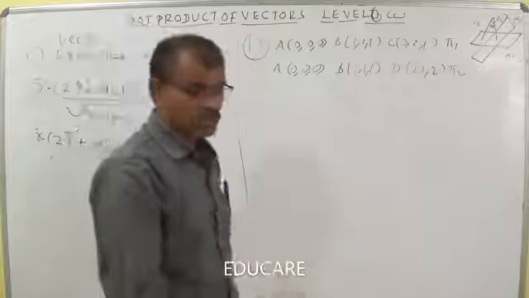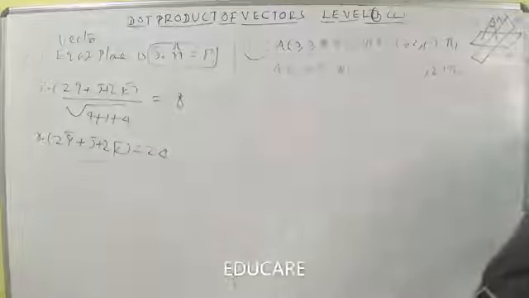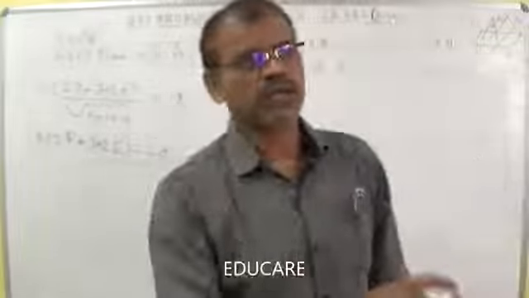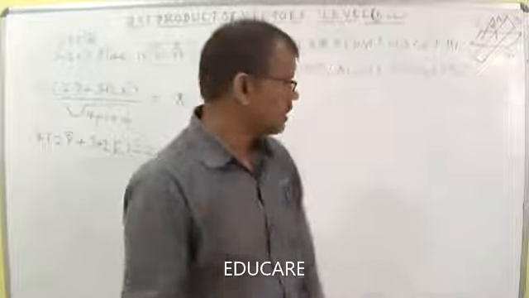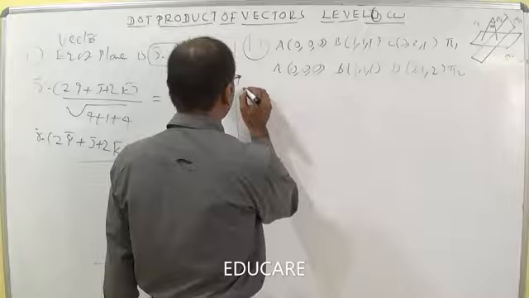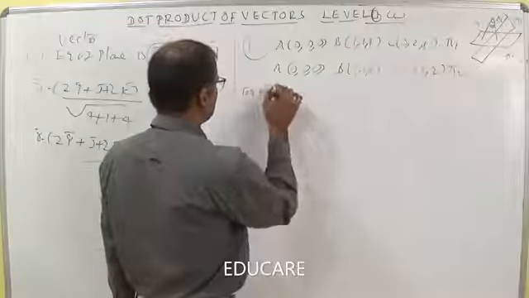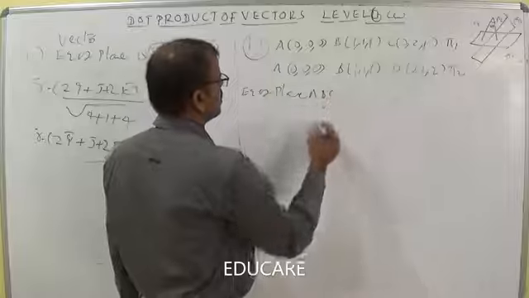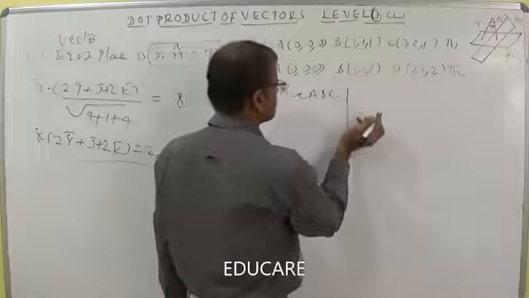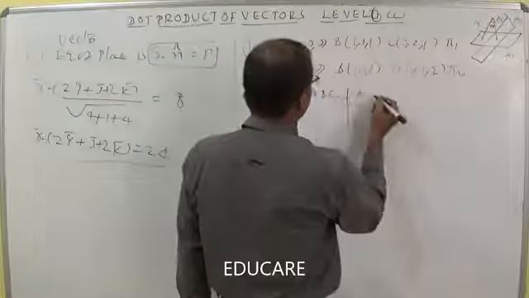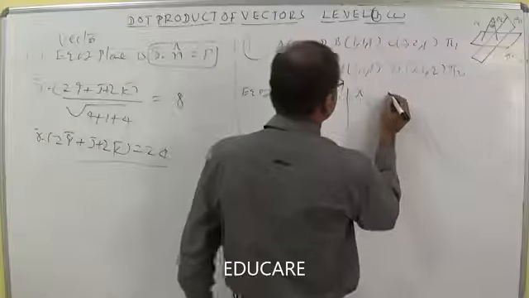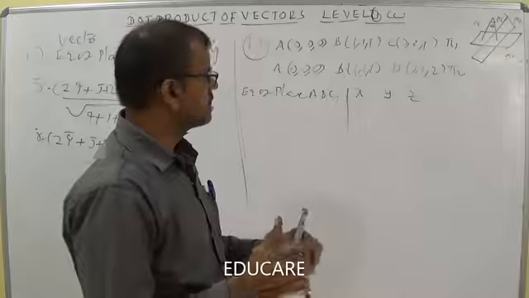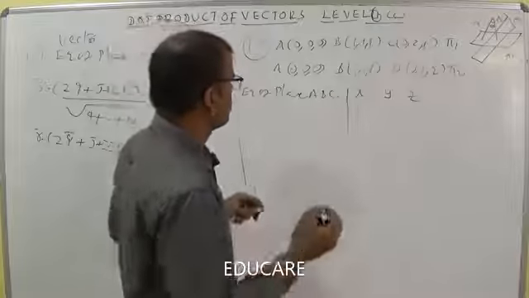So I said previously, the angle between two planes can be represented as the angle between their normals. First of all, we should calculate the equation of the planes using the given data. In 1B, the plane chapter was discussed, in IP also discussed. Equation of plane ABC. For the equation of plane ABC, we go by the Cartesian equation: x minus 0, y minus 0, z minus 0, and here the OB minus OA concept. Next OC minus OA.